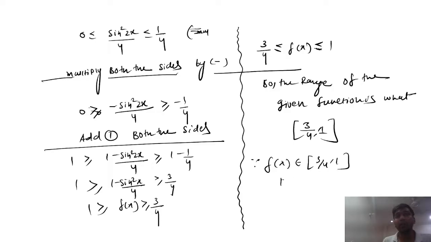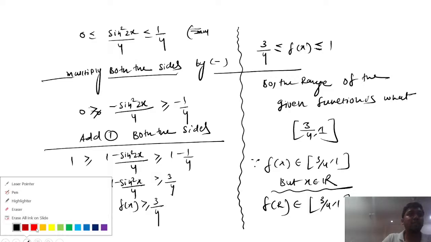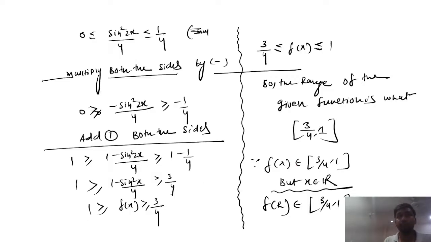But in our case, x belongs to the real numbers. So can we conclude f of R belongs to 3 by 4 comma 1. This is our final solution. Any doubt till here? Anyone?